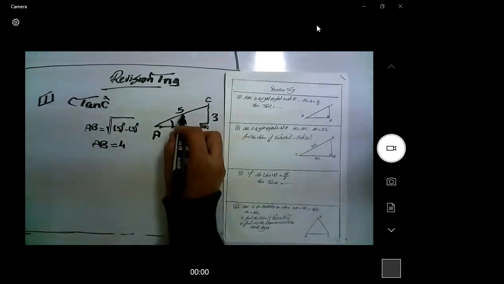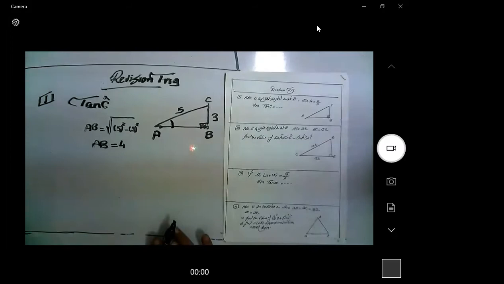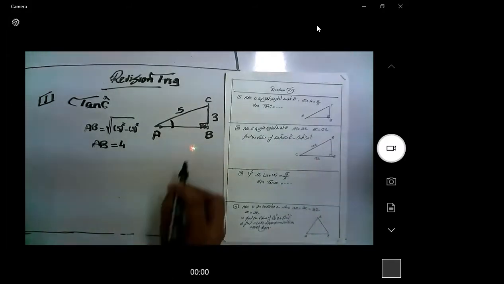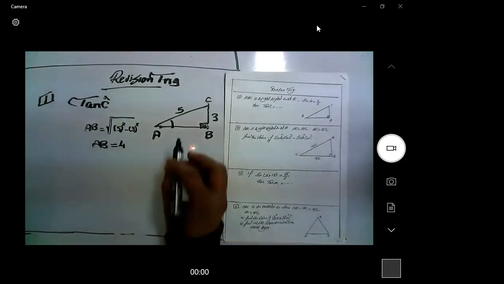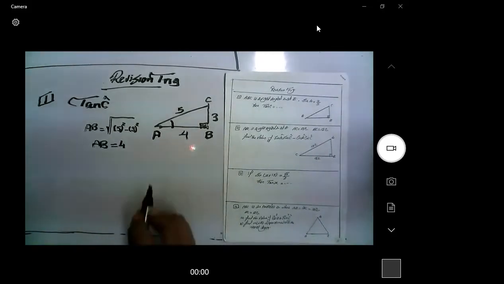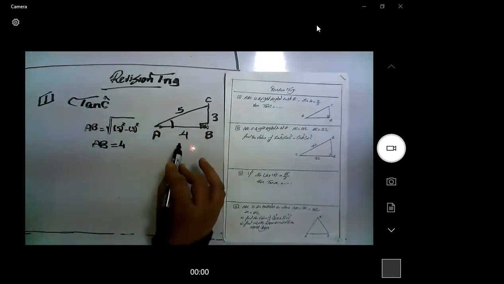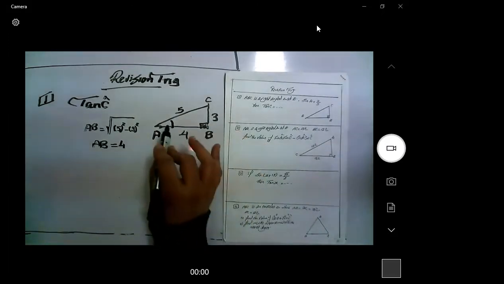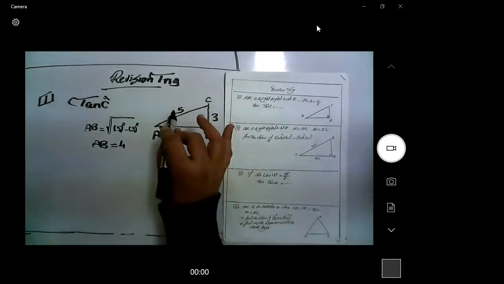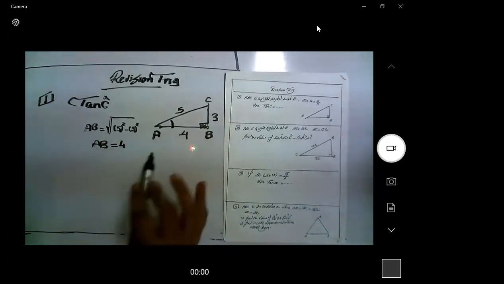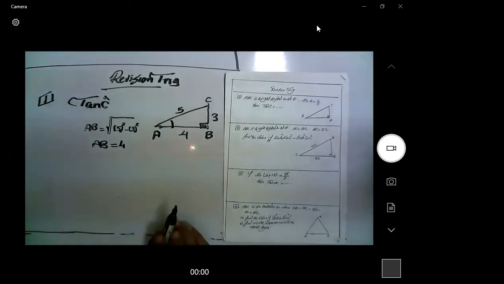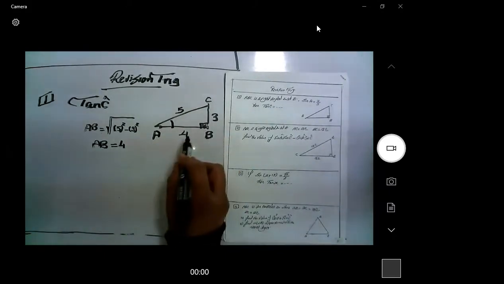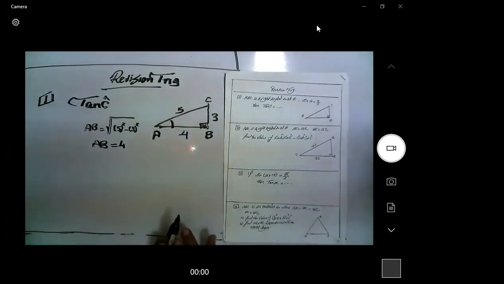This is not the real lengths of CB and AC. This is a ratio. By using the ratio, we can get AB equals 4 centimeter. Then the ratio between the lengths of the three sides is 3, 5, 4. 3 is the side which is opposite to angle A. 5 is the hypotenuse. 4 is AB. They are not real lengths, but this is a ratio between the lengths of the three sides.